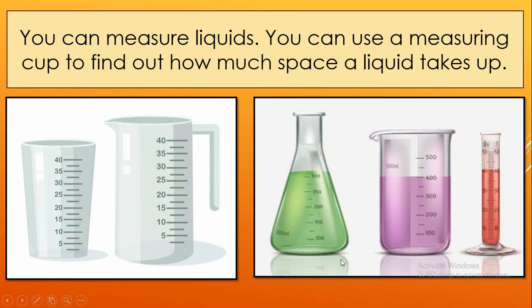As you can see, these measuring cups have numbers. If I take this purple liquid for an example, its volume is 400 milliliters. So again, we can measure a liquid's volume by using a measuring cup.